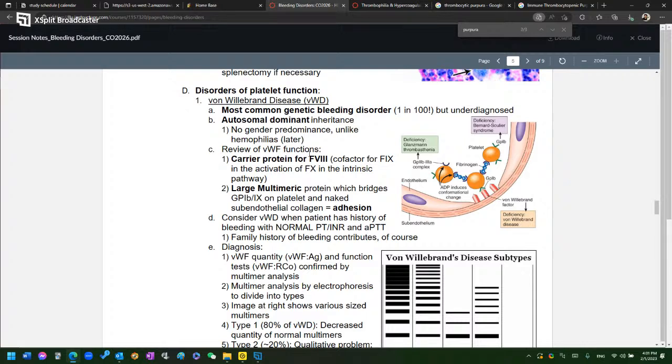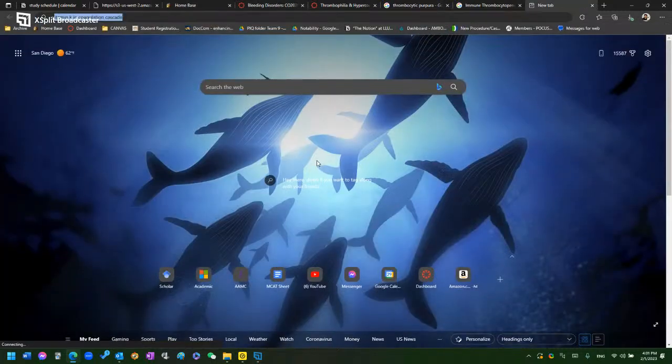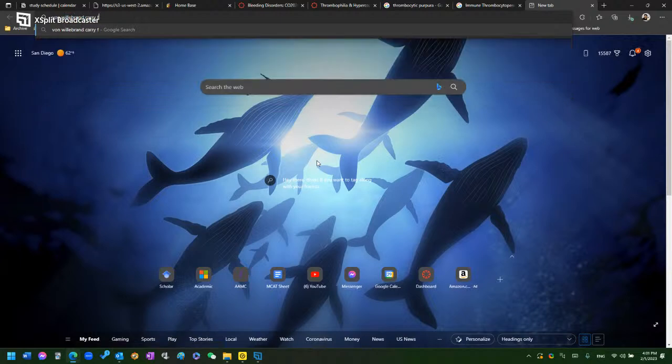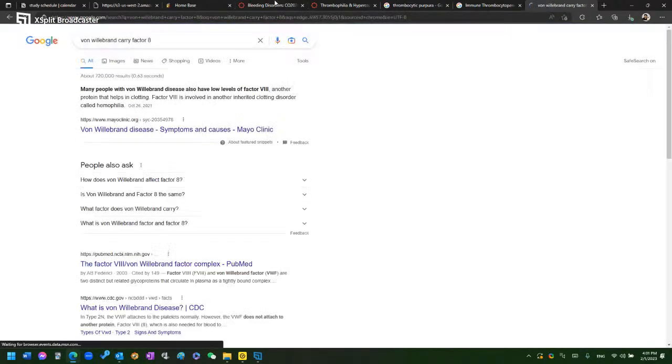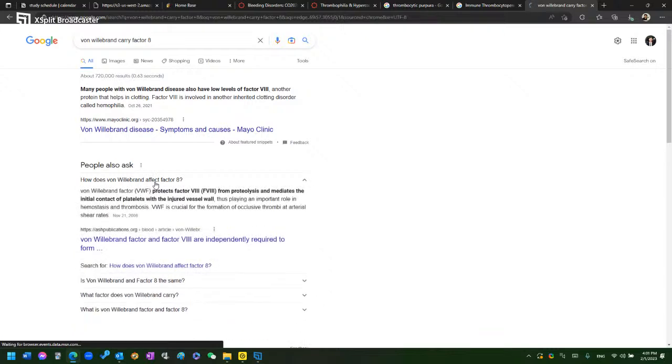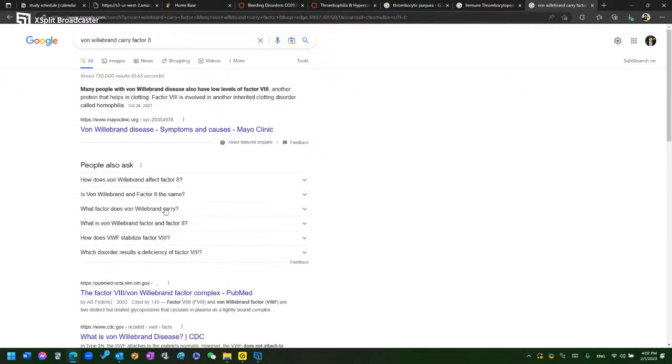So what I want to know actually is, is von Willebrand's ever soluble? How does von Willebrand's carry factor 8? So I always assume factor 8 is circulating in the blood, right?